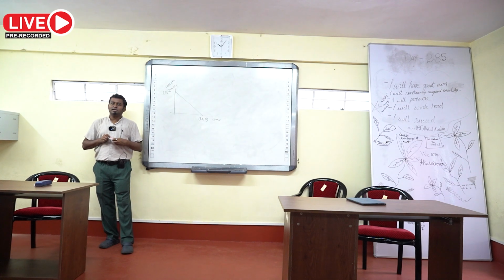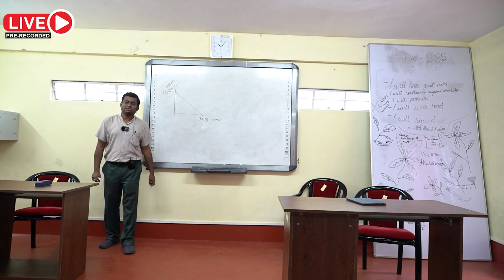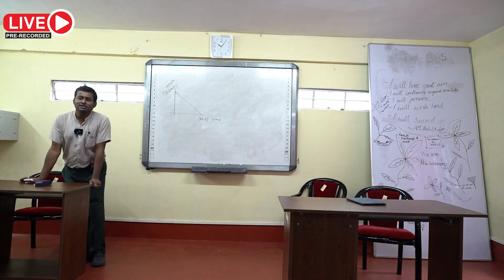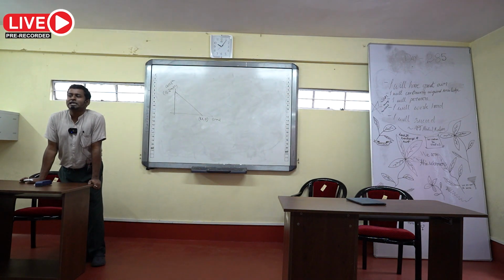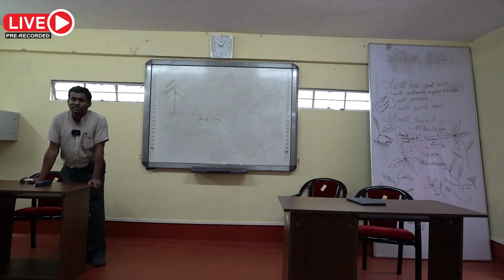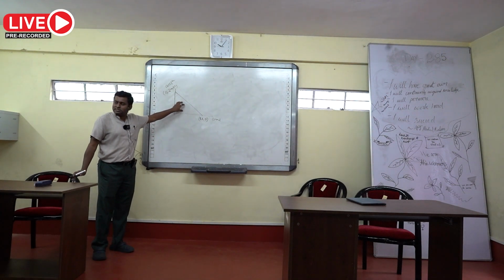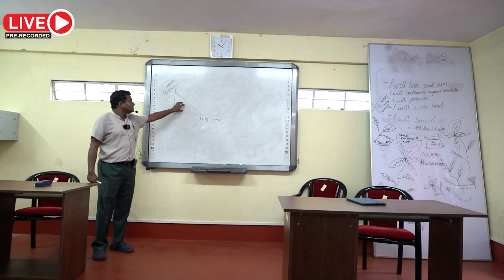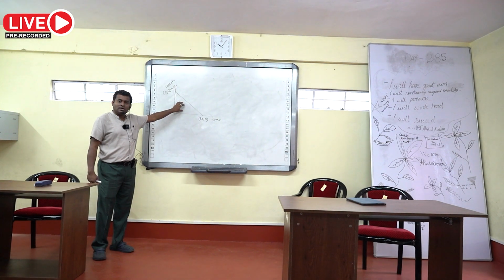Then what is the velocity of the particle? 16. How to calculate? It is the area under the acceleration time graph. This area represents the area of this triangle.